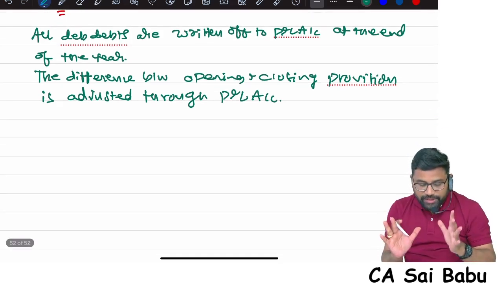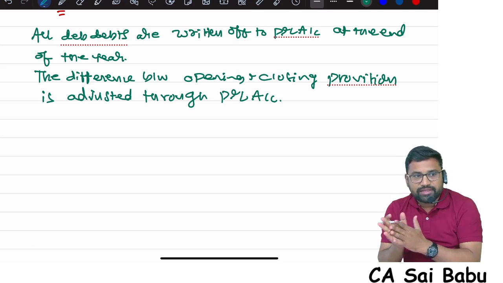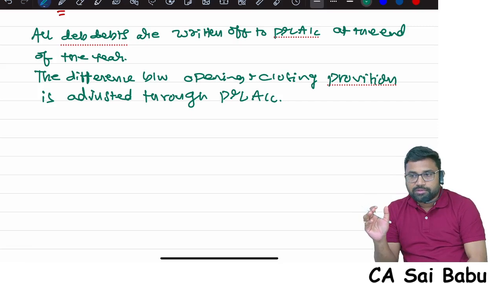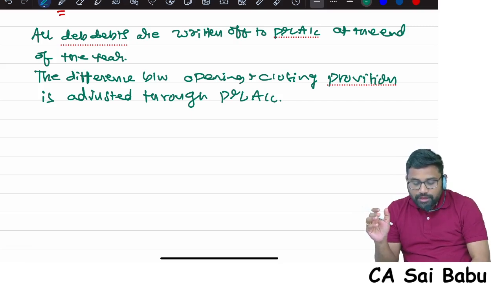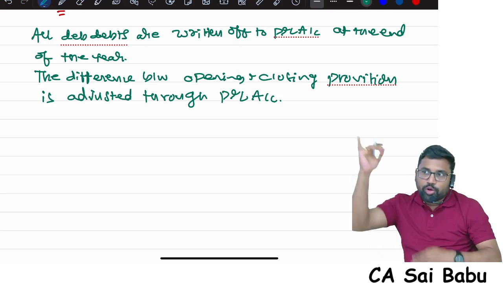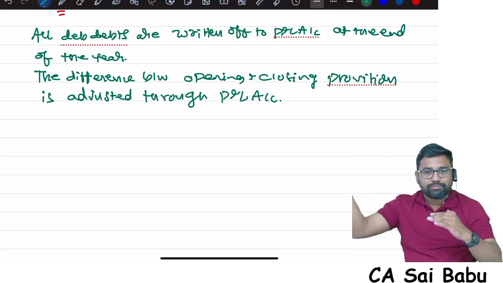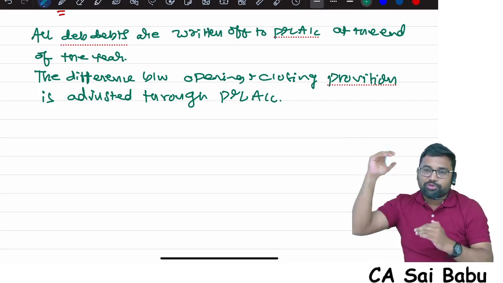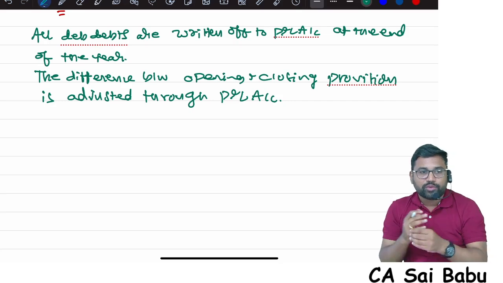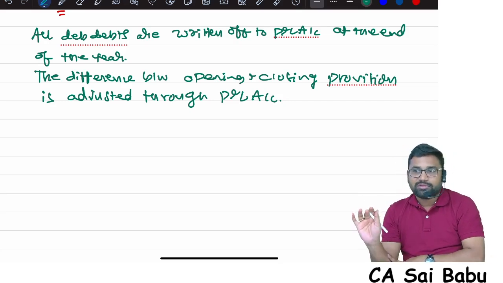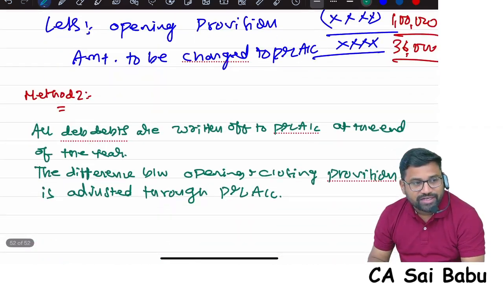So in this method, whatever bad debts came in the business are directly transferred to P&L account. And compare the opening with how much closing I need to maintain. The difference is adjusted through P&L account. Suppose my opening provision is 1 lakh and closing I need to maintain is 2 lakhs. That means I need to create an extra provision of 1 lakh, which will be created through P&L account, like how this 36,000 was created in method 1.